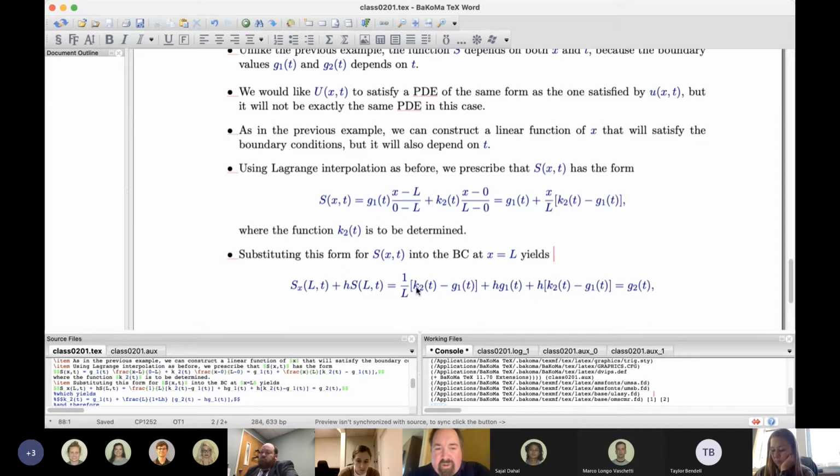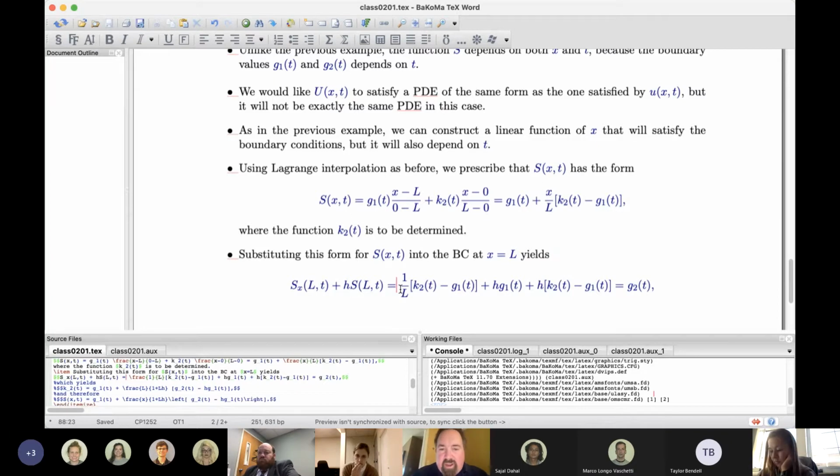So by applying the right boundary condition at x equals L to capital S, I get all this just from this formula here. And that has to equal g2 of t.